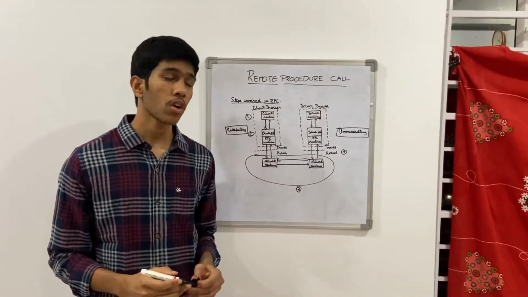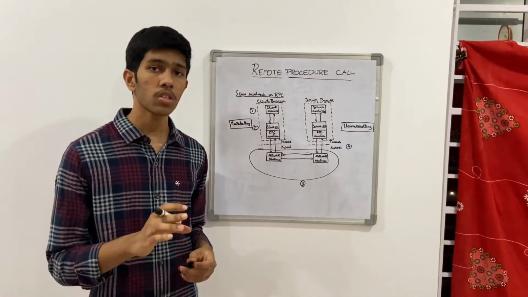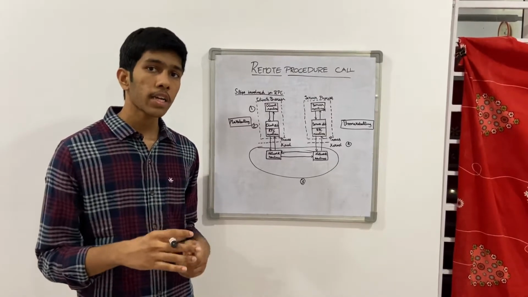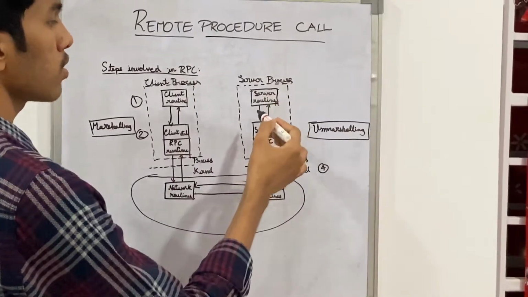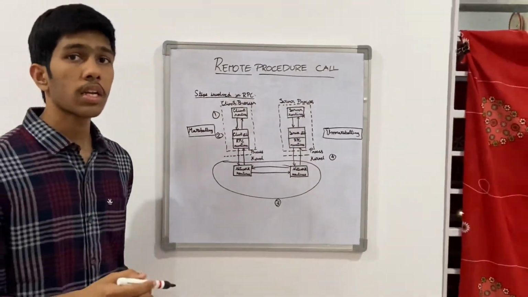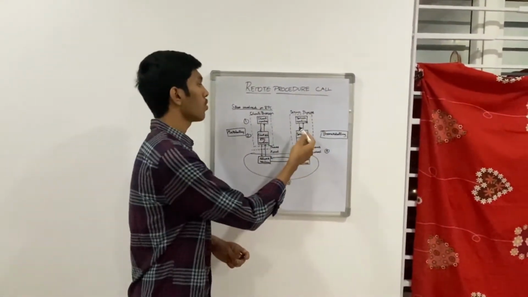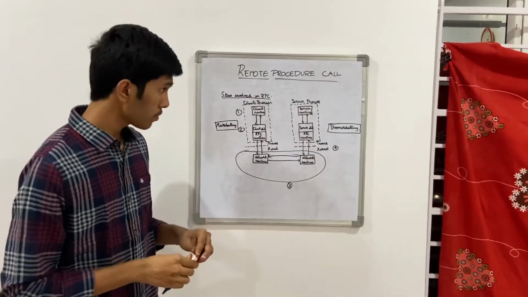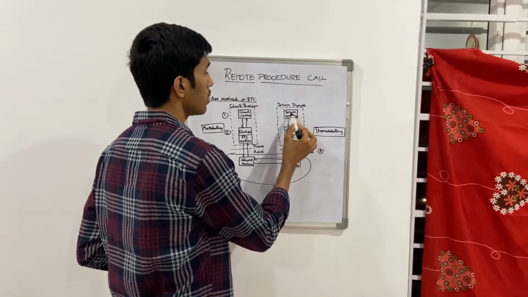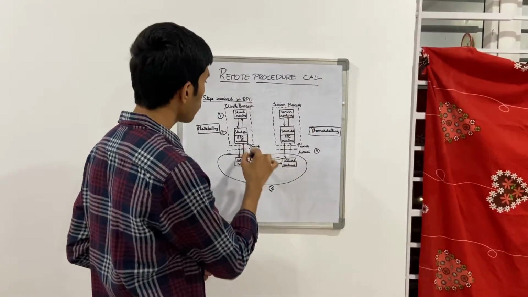Unmarshalling is the process of unpacking the message packet into parameters. Now the server performs a local procedure call to execute that procedure. After the execution, the server needs to send a reply to the client.